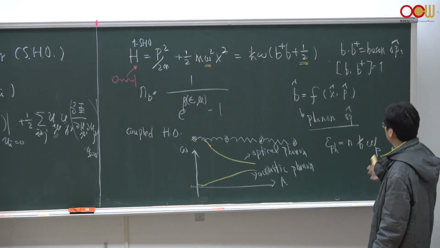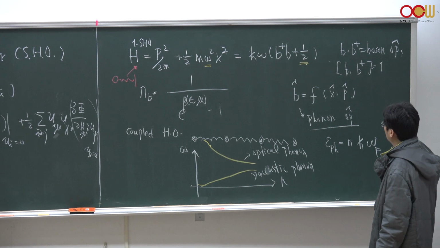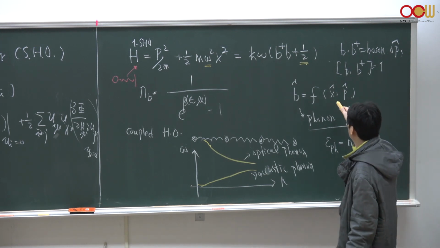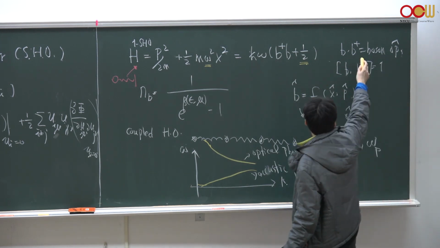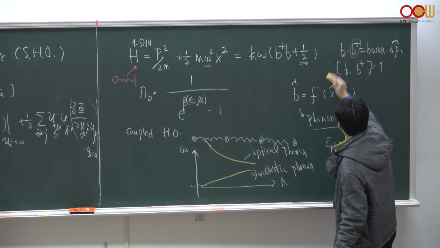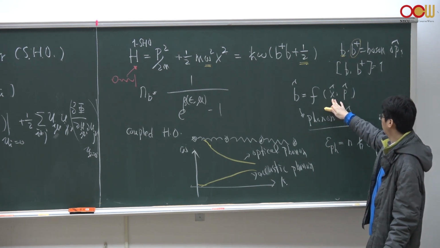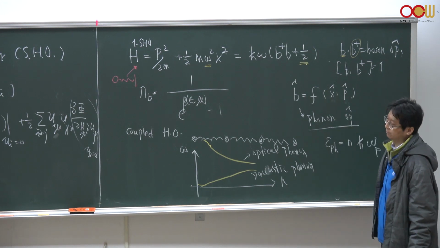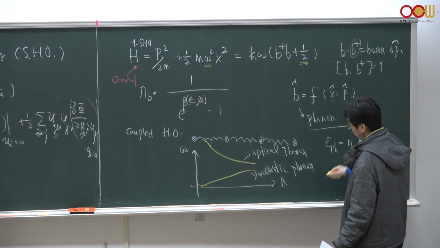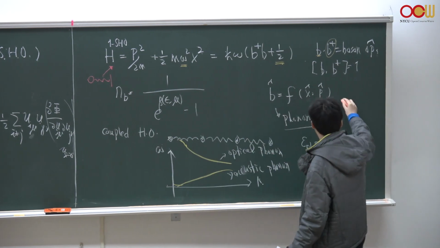And as I mentioned, you could use the raising or lowering operator, b and b dagger, which is a linear function of the position operator x and momentum operator p. So this will be your homework problem.